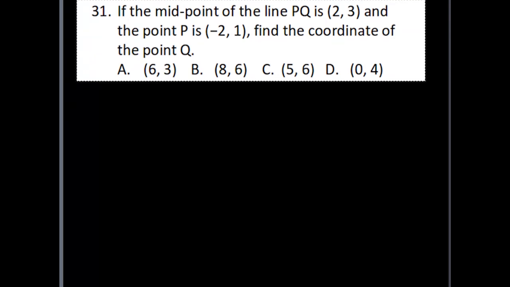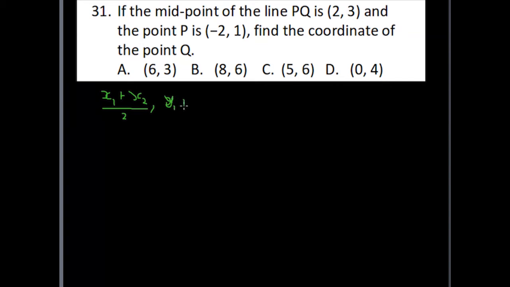Okay, 31. If the midpoint of the line PQ is 2, 3 and the point P is this, find the coordinate of point Q. For midpoint, the sum of the two coordinates divided by 2 is always the midpoint.